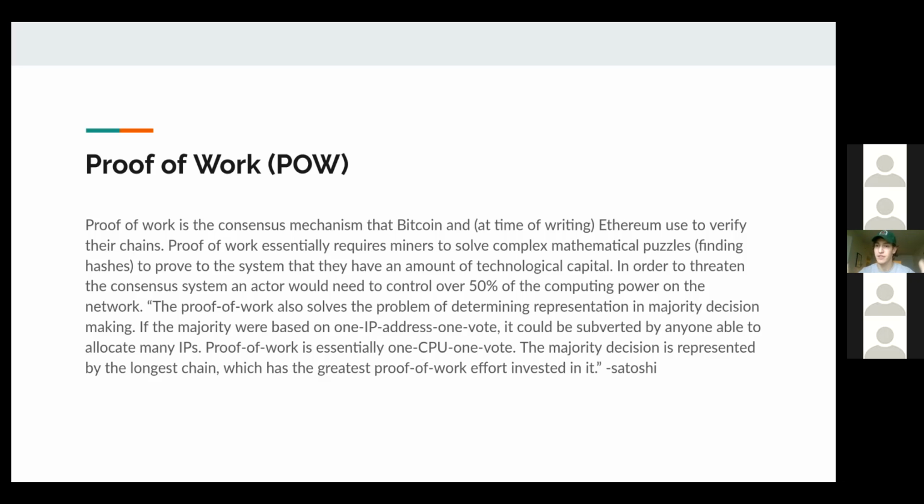You could just make 1,000 IP addresses and spam Bitcoin to try and get your 51% and get your correct blockchain. You can't do that when you need to have this piece of technology to back up your vote, to back up your mining, because you can't just make more computers. Like you can, but you've got to pay for them, and they're hard to make.